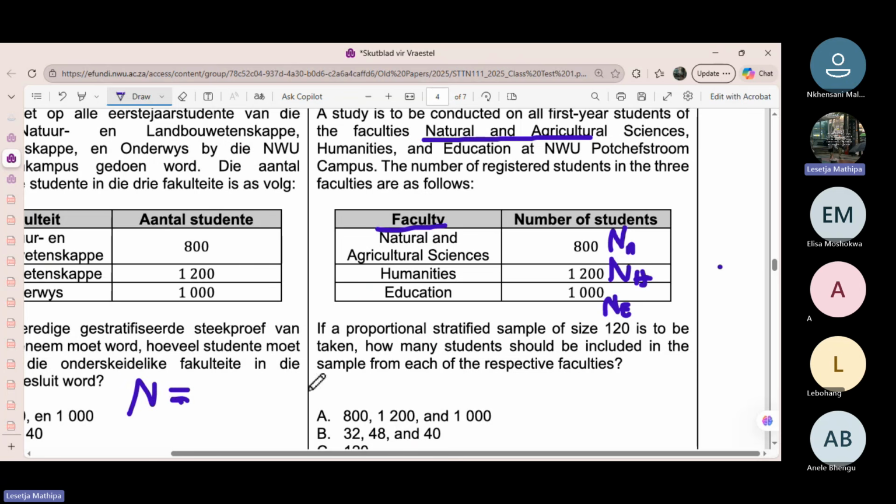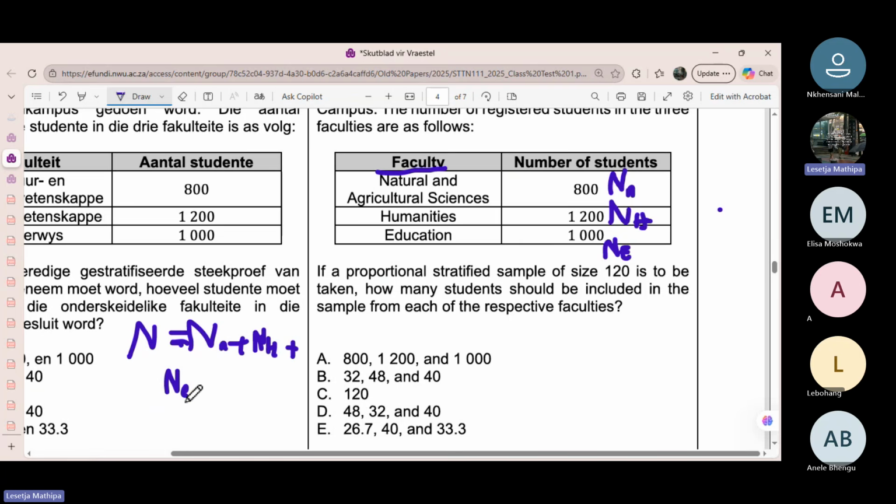By adding N_FNAS plus N_H plus N_E. When you add all this, 800 plus 1,200 plus 1,000, what is the answer?